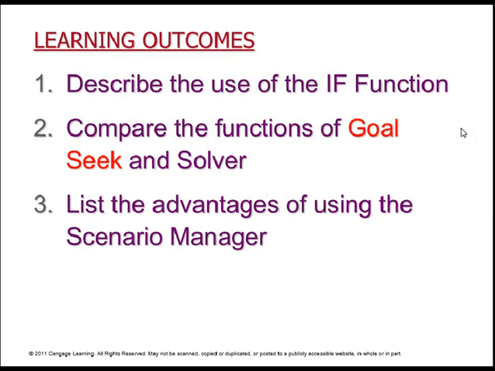Goal seek is an analytical function which allows a value in a formula to be adjusted in order to reach a desired result or answer. The goal seek feature can eliminate a lot of unnecessary calculations and work on your part. Goal seek will repeatedly try new values in the variable cell to find a solution. And that's what you want in your result cell.